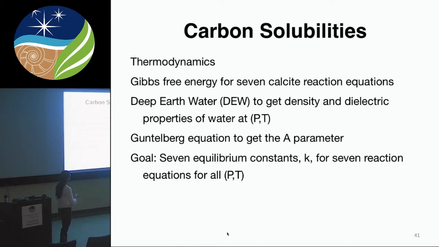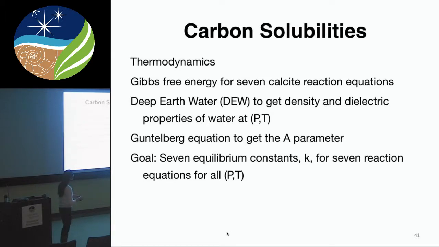Then I get the density and dielectric properties of water at that pressure and temperature, and use the Helgeson equation, which is a simplification of the Debye-Hückel equation, to get an A parameter. And then the goal is to get the seven equilibrium constants.